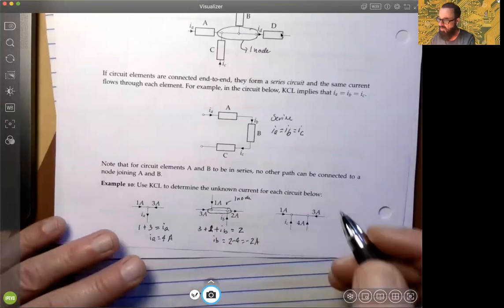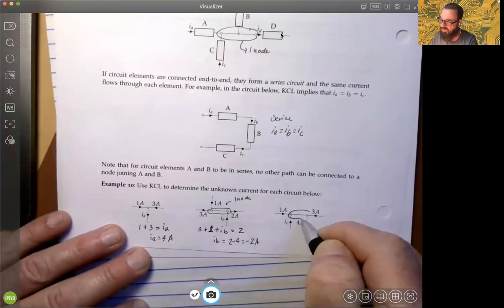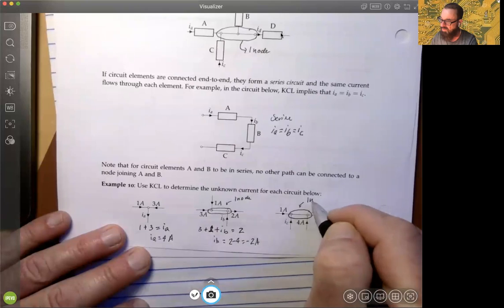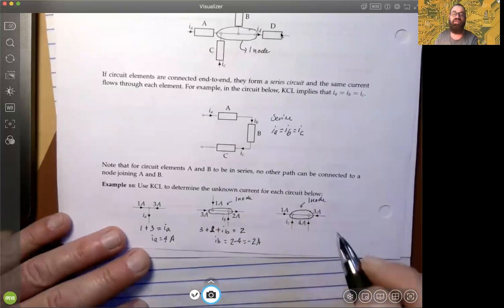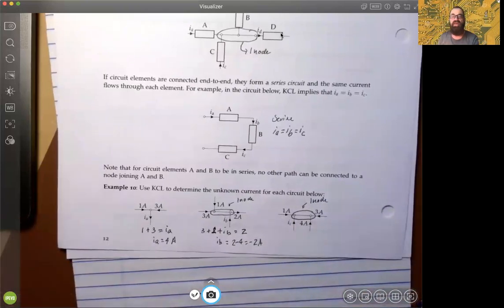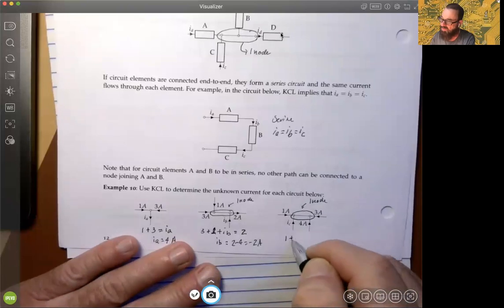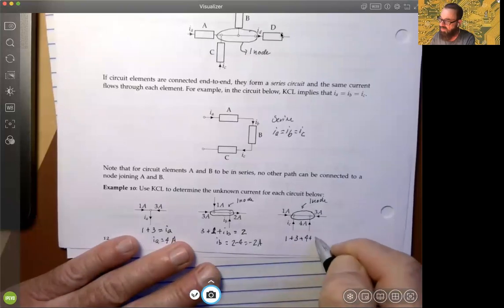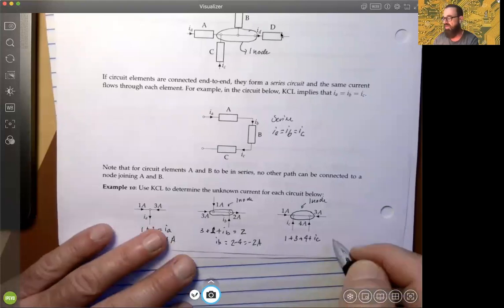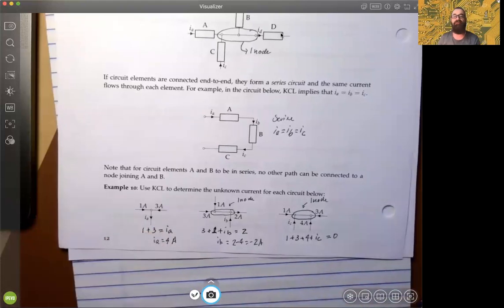And then finally, one more time, this is a representation of one node. There are no circuit elements between those connections, okay? And we have 4 currents that are all incoming. So there's 1 incoming, 3 incoming, 4 incoming, and this magical IC is incoming, and there's nothing going out, okay?